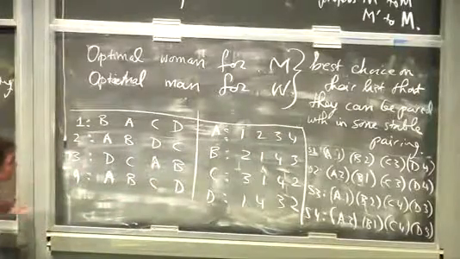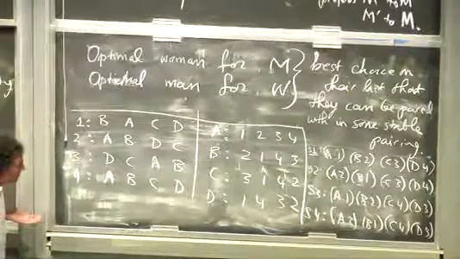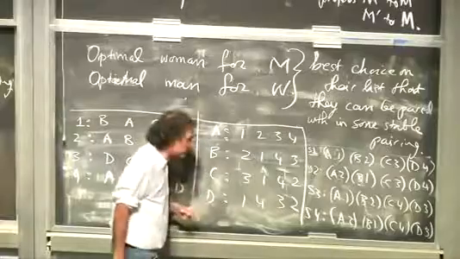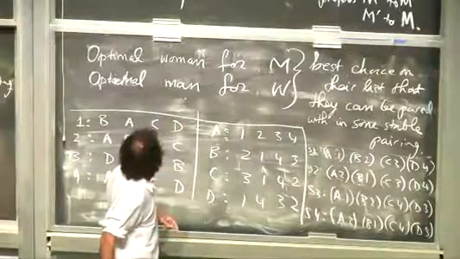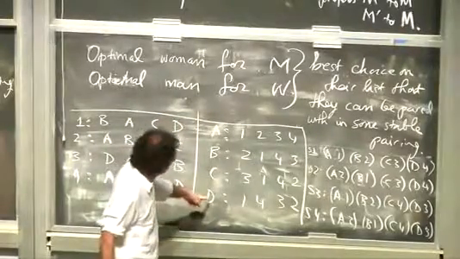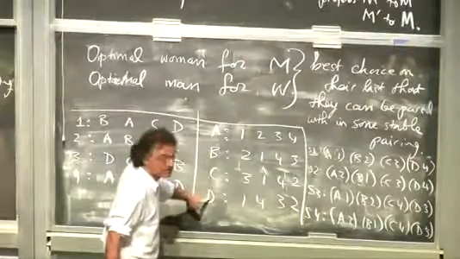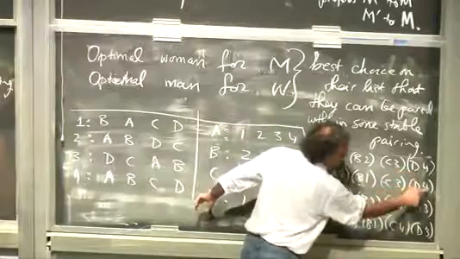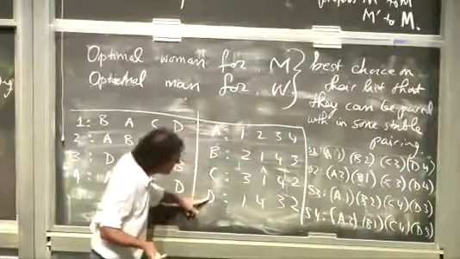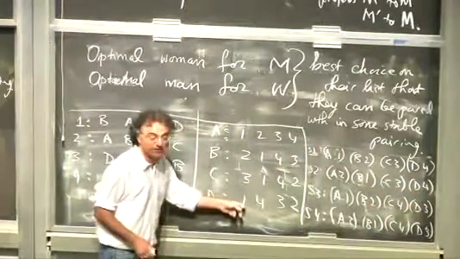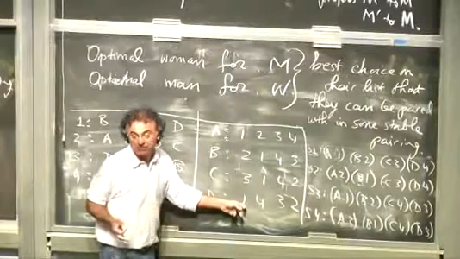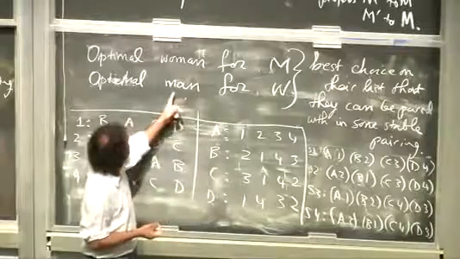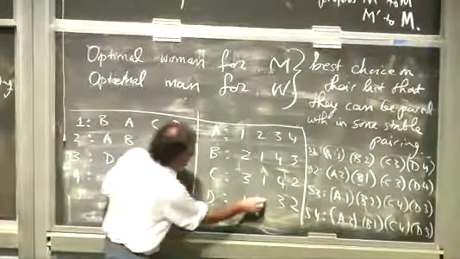And now you can look at it from each of their viewpoints. So, for example, what's the optimal man for D? Well, you look at all the stable pairings, and D can be paired with either 3 or 4. There's no way to pair D with 1 and make it stable. So what's the optimal man for D? Well, it's got to be 4.